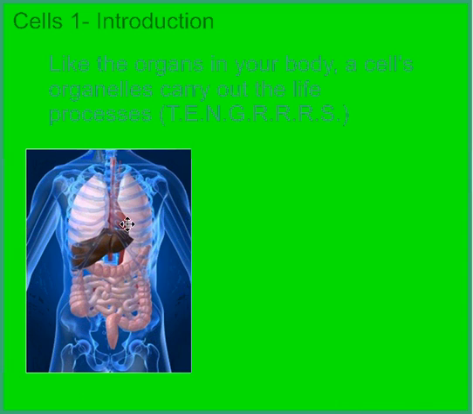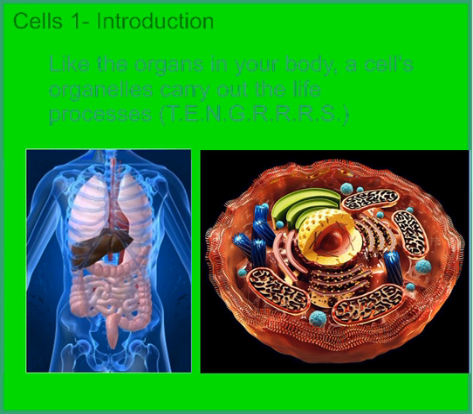Now, like the organs in your body, a cell's organelles carry out all of its life processes. These would be the 10 GERs: transport, excretion, nutrition, growth, reproduction, respiration, regulation, synthesis. All controlled or taken care of by those organelles inside the cell.